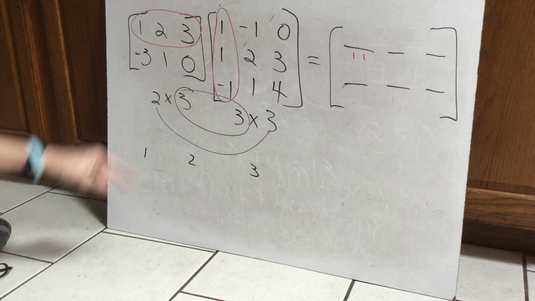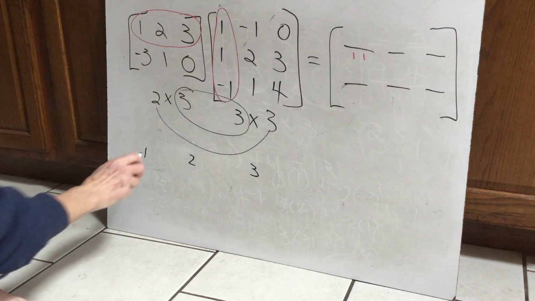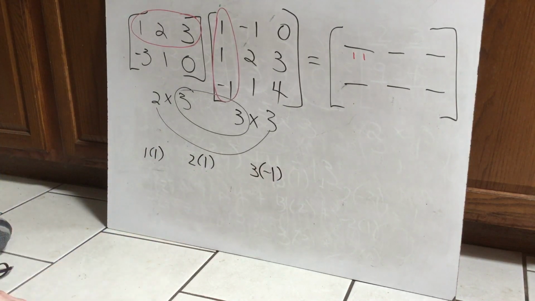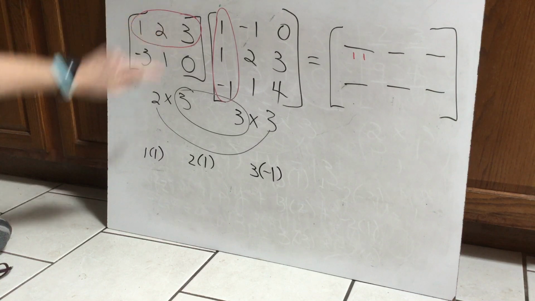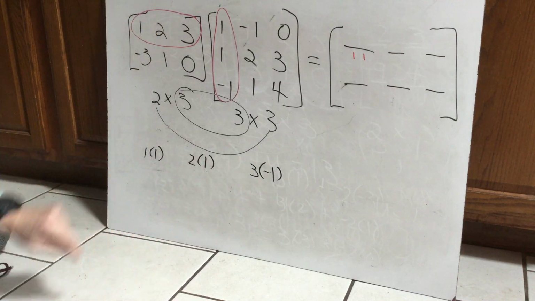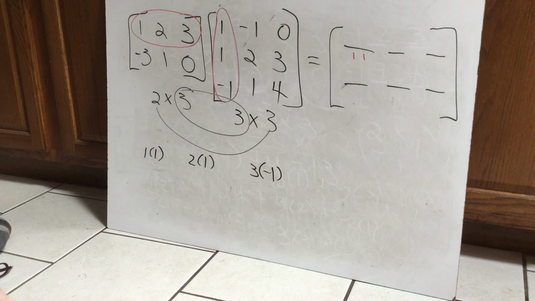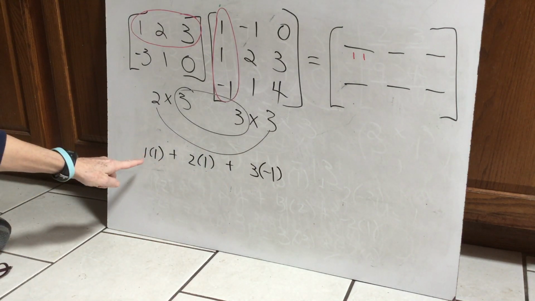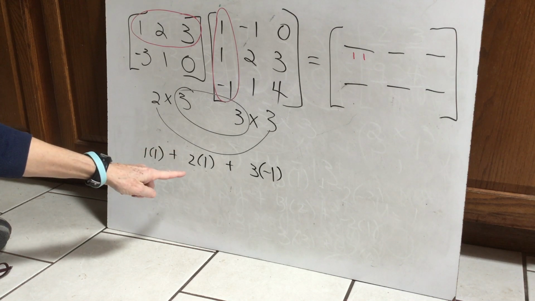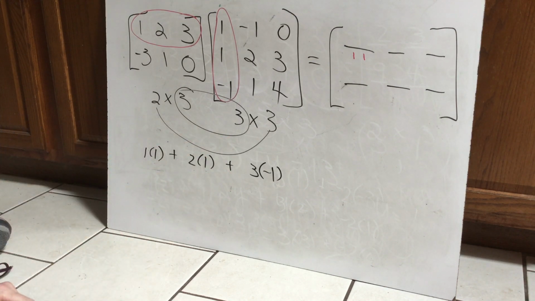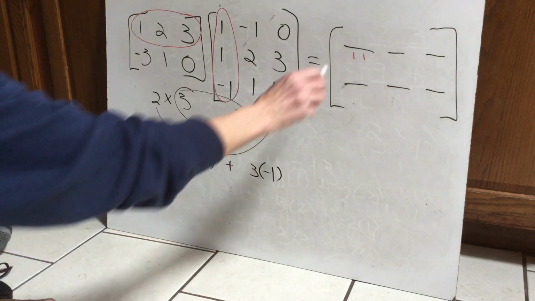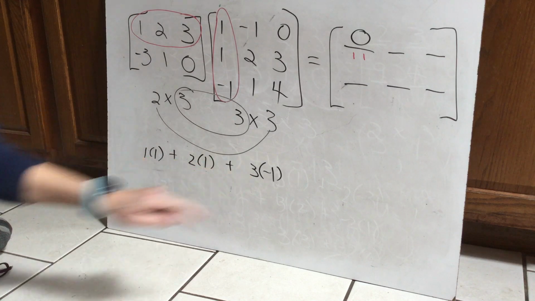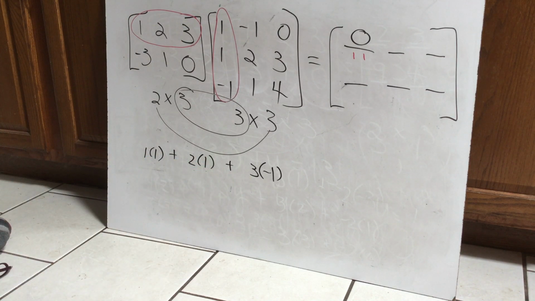Then next to those, write the numbers in the first column: 1, 1, negative 1. Now I'm going to multiply each pair and add them up. So 1 plus 2 plus negative 3 just works out to be 0.